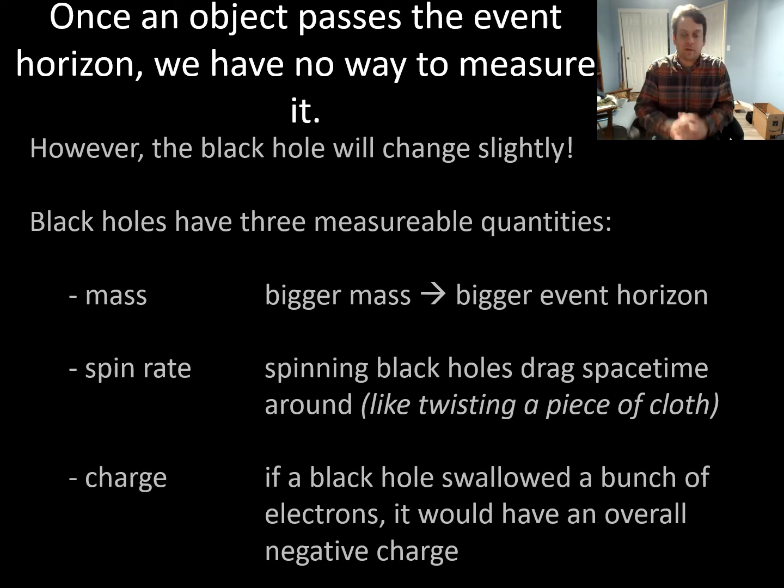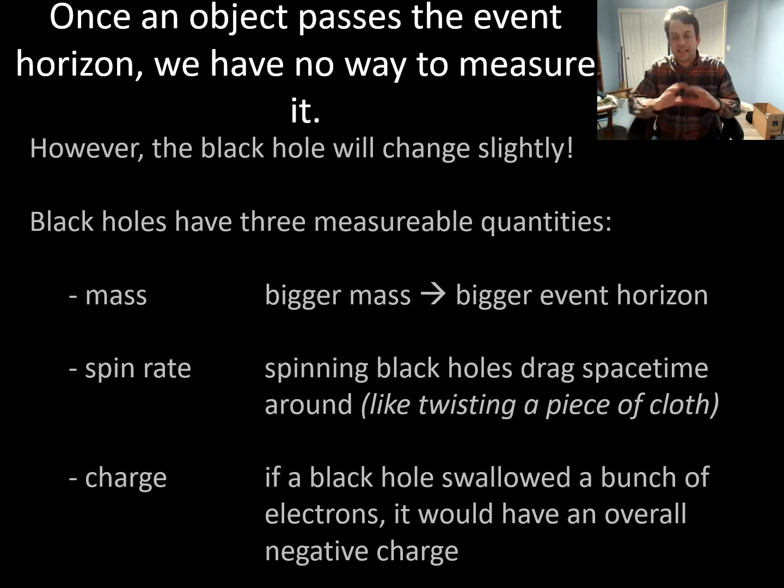And we talked about that most recently in the context of neutron stars, which tend to have a very high rate of rotation because they have collapsed to a very small radius.